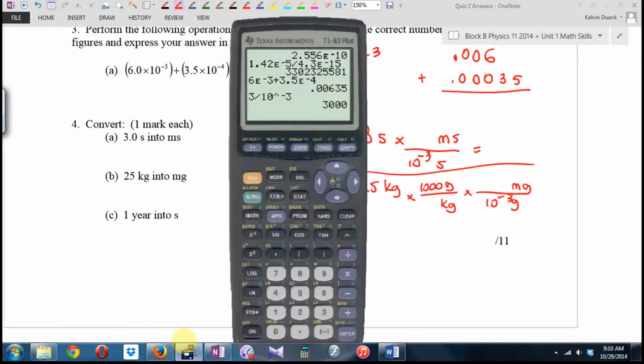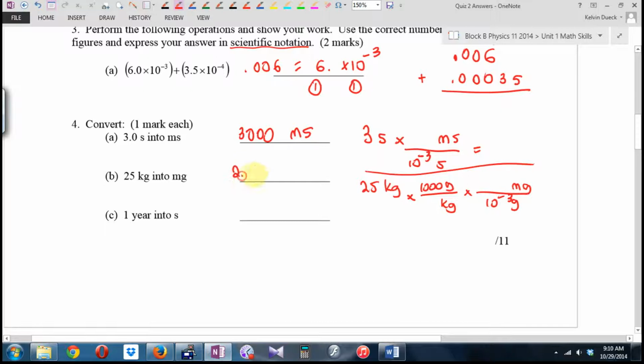So it's going to be 25 times 1,000 divided by 10 to the negative 3. 25 with 6 zeros. I'm going to write this one in scientific notation because it's less writing. 2.5 times 10 to the 7th. 2.5 times 10 to the 7th milligrams. But if you wrote 25 and 6 zeros, because I didn't say scientific notation or not in this question, I would take both.